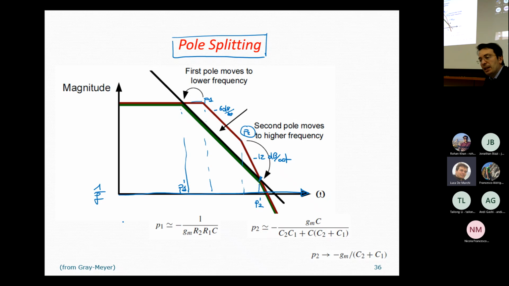Now, there are some considerations to be drawn here. First of all, we must focus on omega null. So the problem is, what is this quantity? How can it be found?